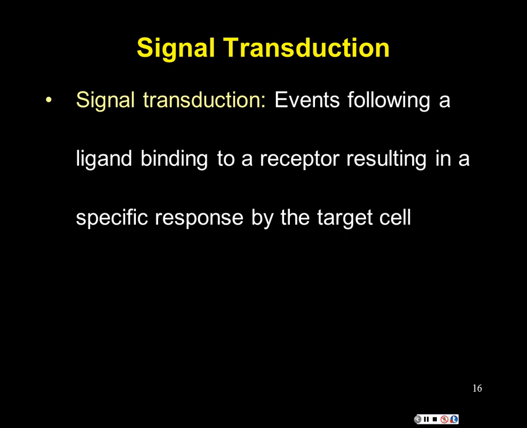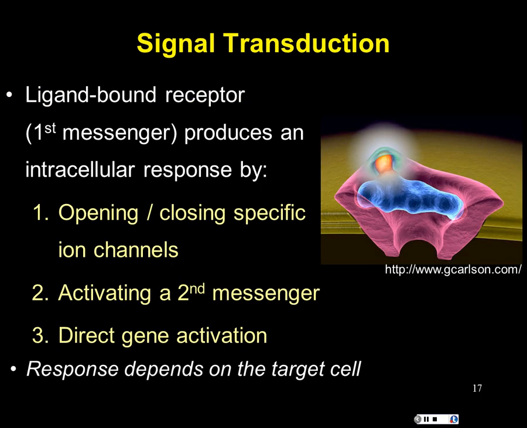So we're just going to repeat that information. The receptor is going to do something, and those are the primary things that happen when a target cell receives a messenger. The ligand-bound receptor, the ligand we learned is just a generic word for the messenger, whether it be hydrophilic or lipophilic. That's the first message to the target. And we said that will open or close specific ion channels, activate a second messenger, or have an effect at the genome.